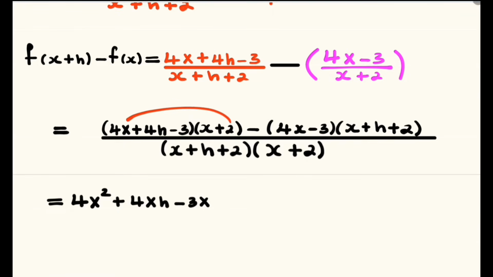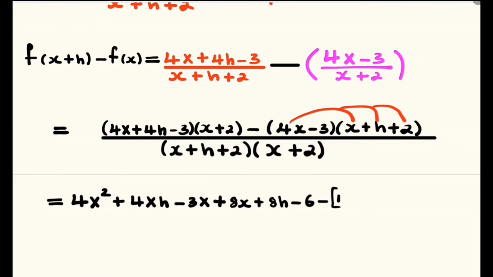Now we distribute the 2, and 2 multiplied by 4x will be equals to 8x, and 2 multiplied by 4h will be equals to positive 8h, and 2 multiplied by negative 3 is equals to negative 6.